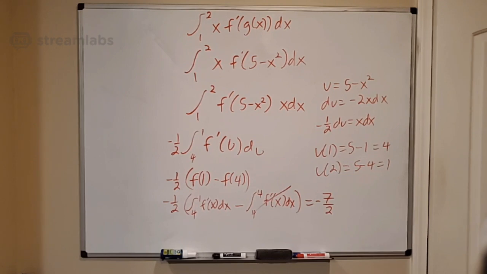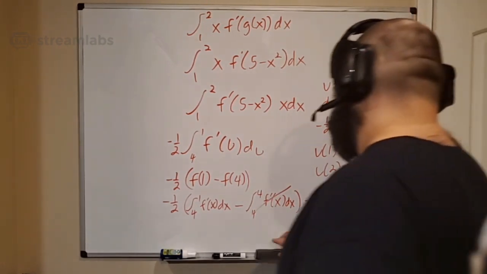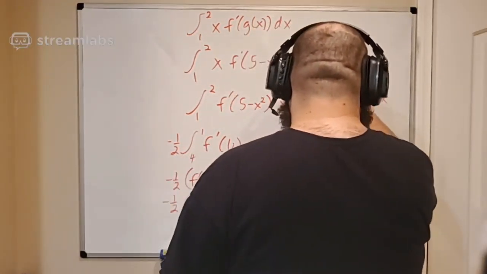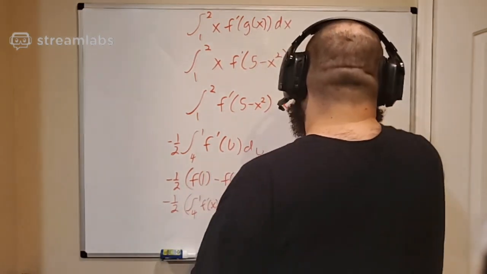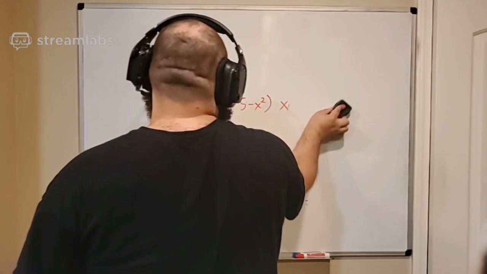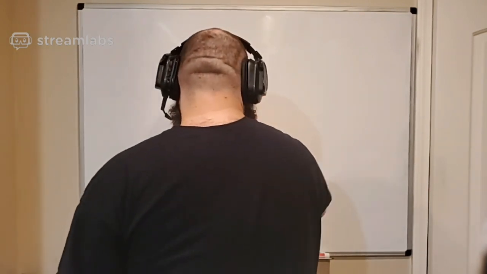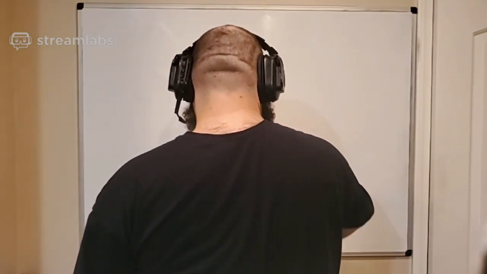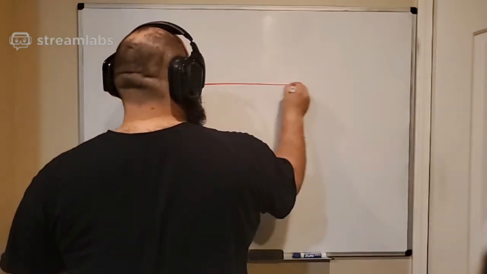Okay, so what does it mean to use a midpoint Riemann sum? Well, the heights for the rectangles take the midpoint of the rectangle.